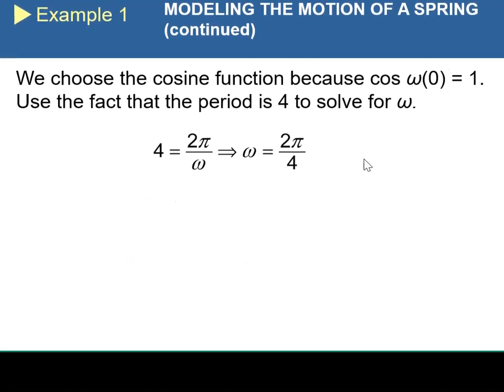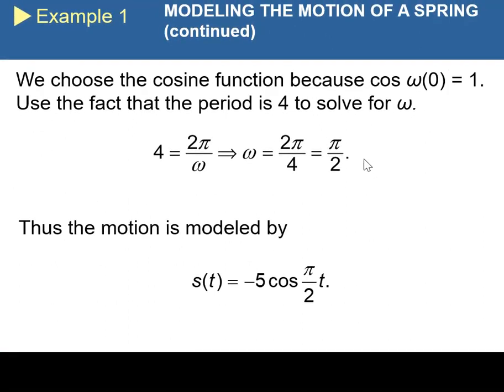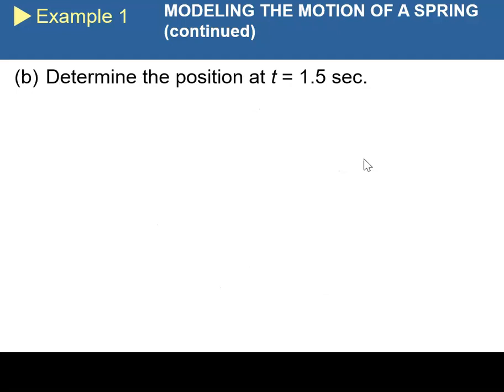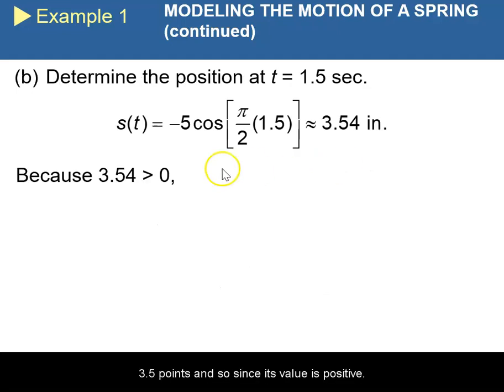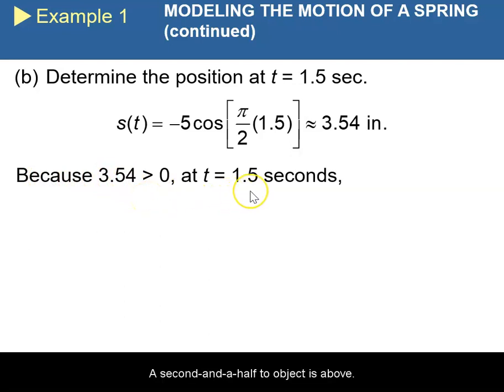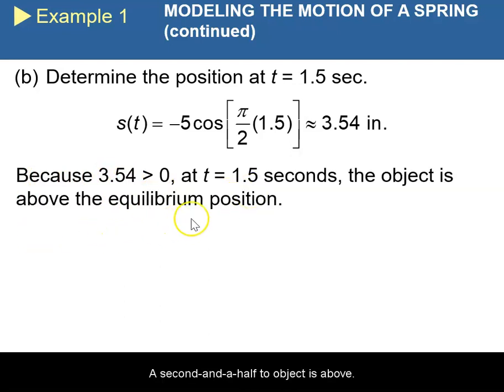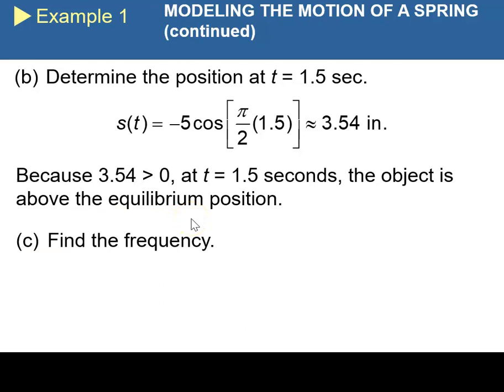Okay, what do we have? 3.54 inches. Okay, and since this value is positive, at a second and a half, the object is above the equilibrium position.